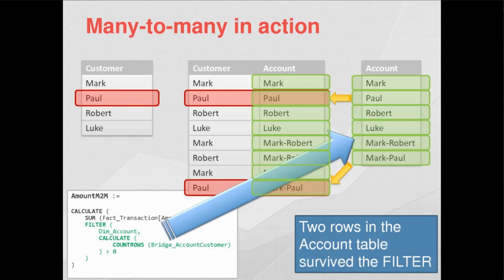Filter is an iterator, so we start iterating over the account table. We start with Mark, and at this point we calculate count rows of bridge account customers. And you might know what I'm going to ask you right now, which is what is the result now of calculate count rows bridge account customers?